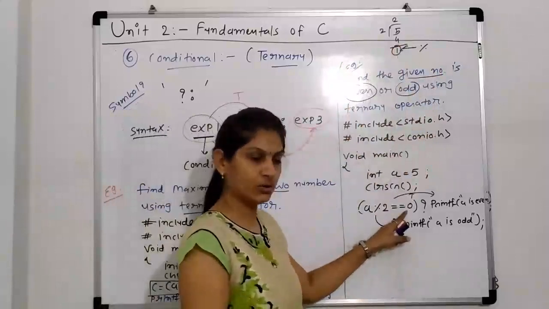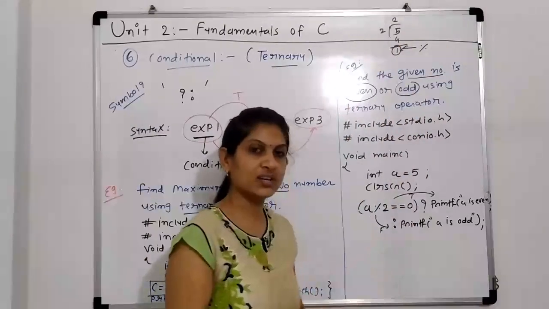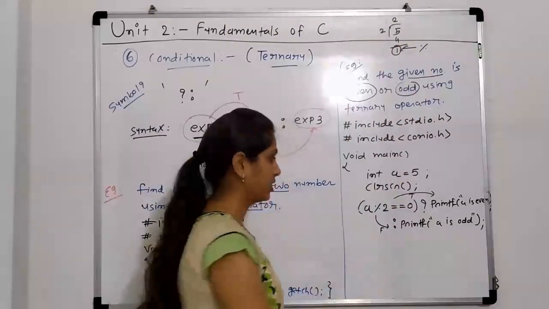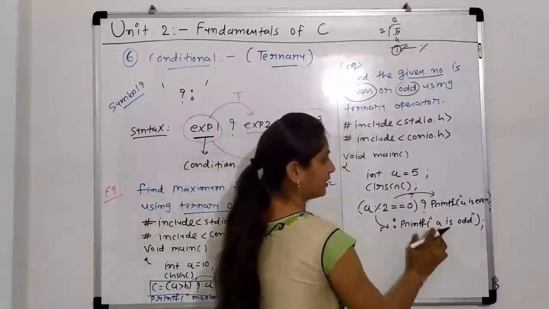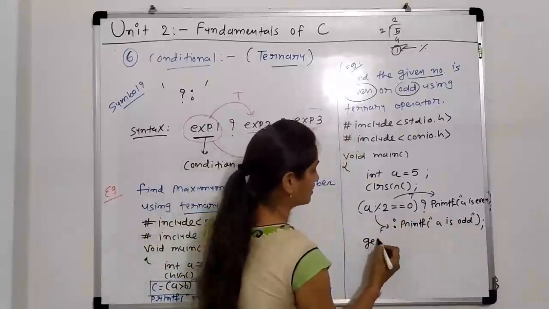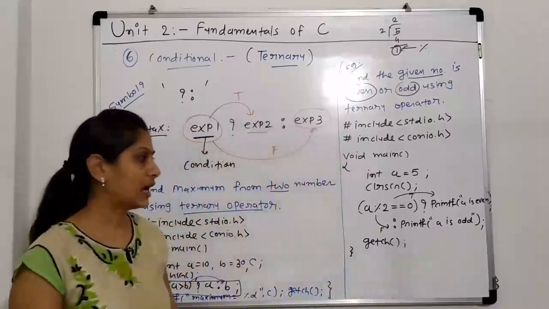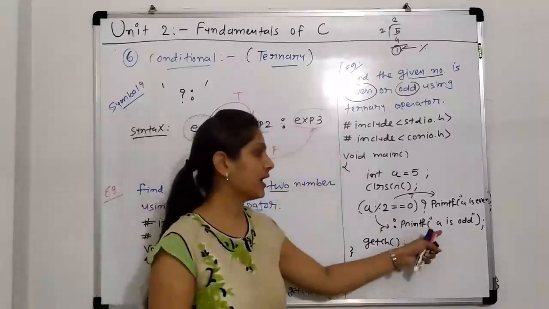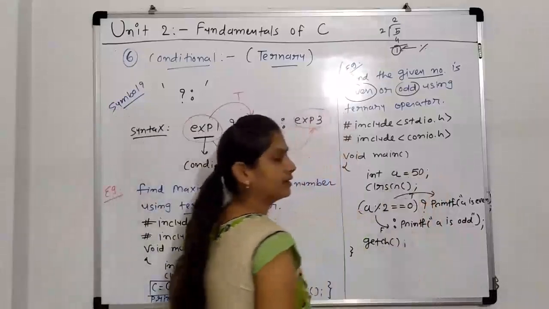Here it is 0, and here is 1. 1 equal 0? No. The condition becomes false. So it goes to the false part and the answer printed is a is odd. And last is getch. Clear? So the output of this program is: a is odd. But suppose here I write 50.